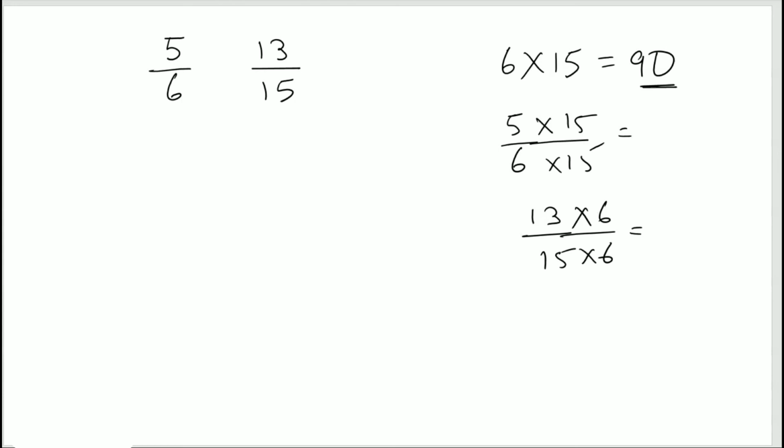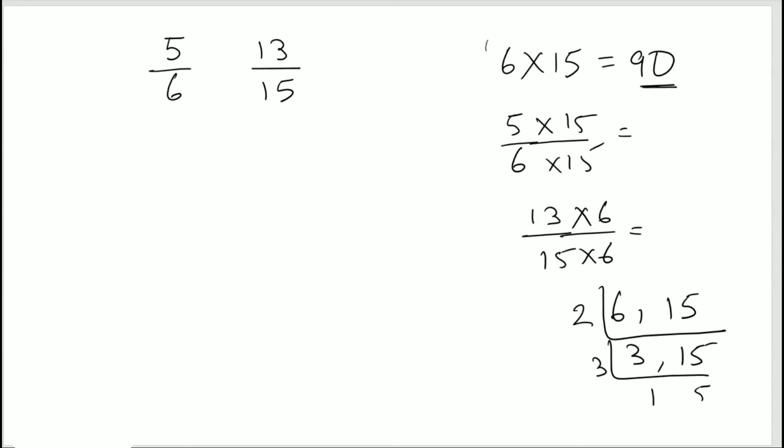However, we know that it is a lot easier and convenient to work with smaller numbers. So the common multiple that we take should be as small as possible, which is actually the LCM. So if we find the LCM of 6 and 15, I write it like this. 2 times 3 is 6. 3 ones are 3, 3 fives are 15, and 5 ones are 5, right?